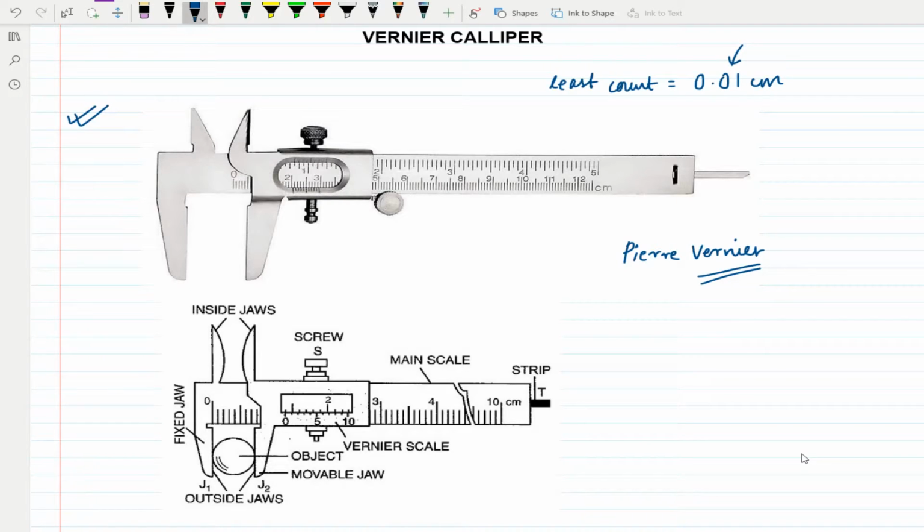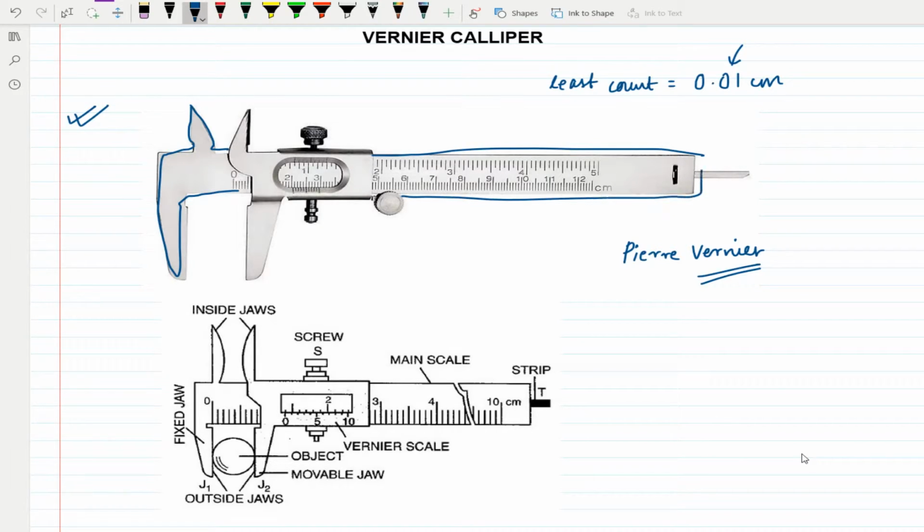As you can see in the image, the first thing to be noted is that this vernier caliper has two scales. One scale is called the main scale and the other scale is called the vernier scale. This straight one is the main scale, and this scale on top of it is the vernier scale.